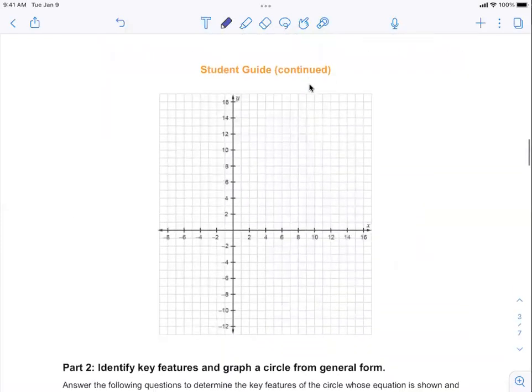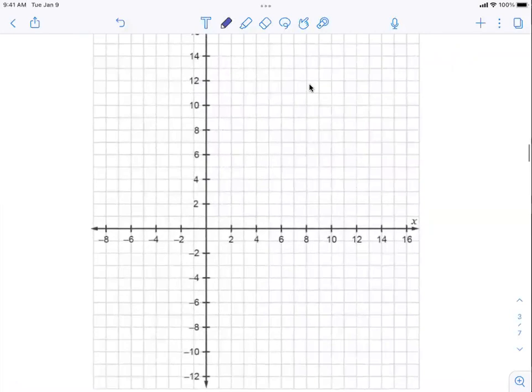So I believe there's a grid here. Yes, indeed. We know that the vertex is at -3, 2. That's your vertex. And then we know that the focus is at 0, 2.